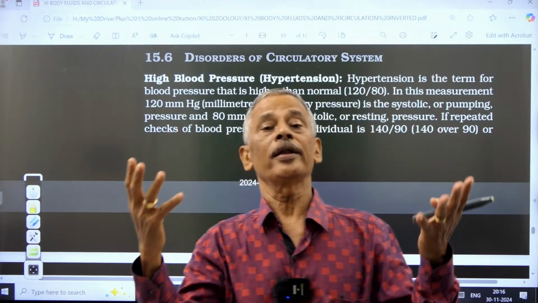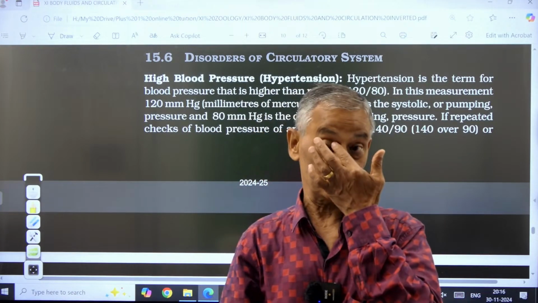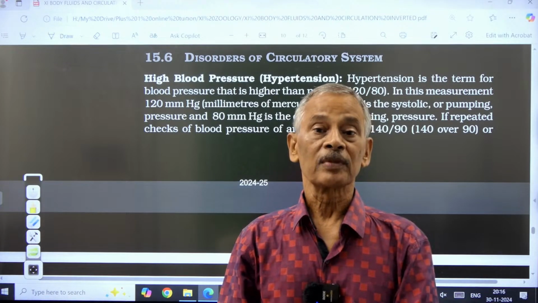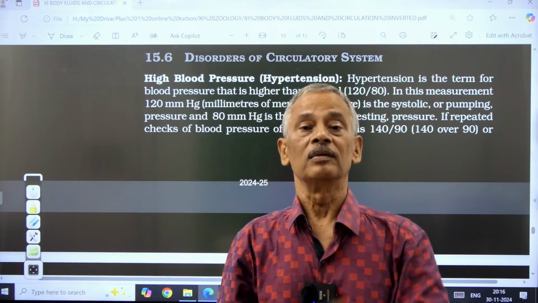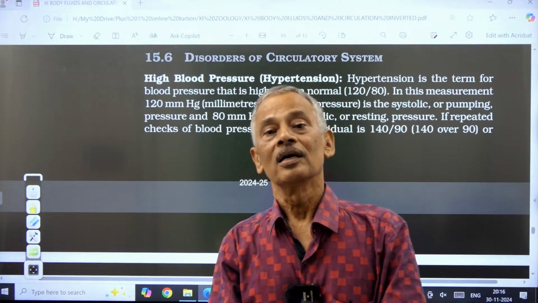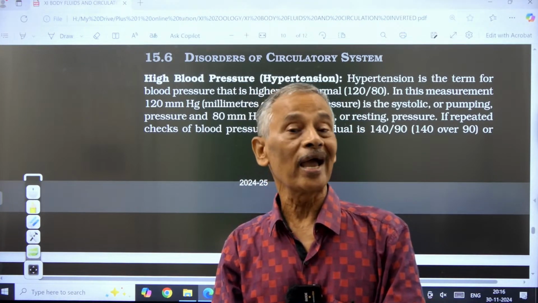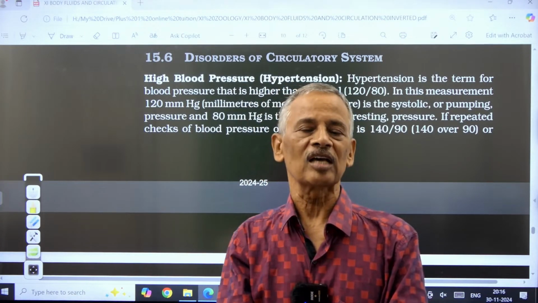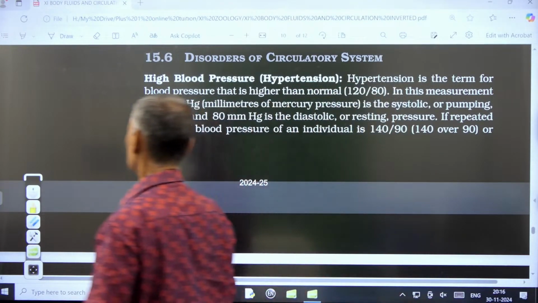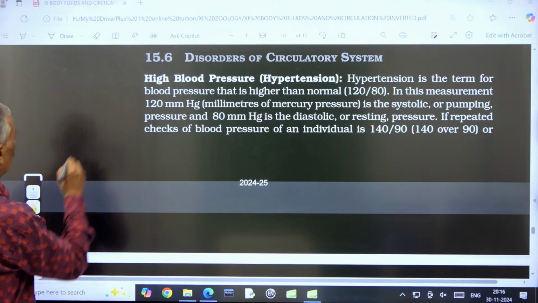That is called diastolic pressure. Okay, we can measure the pressure with the help of a very simple sphygmomanometer. Simply we call it as BP apparatus. It is correctly called sphygmomanometer.